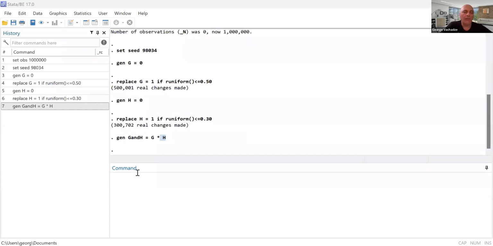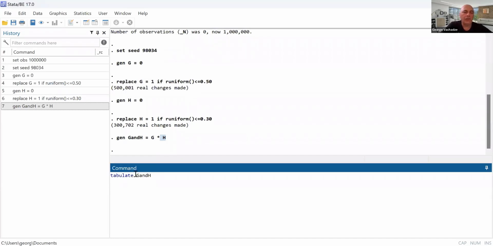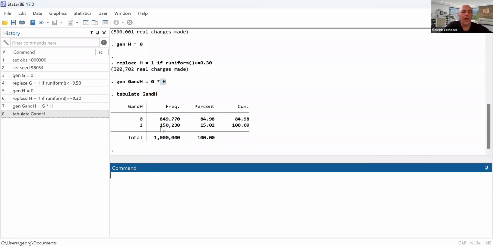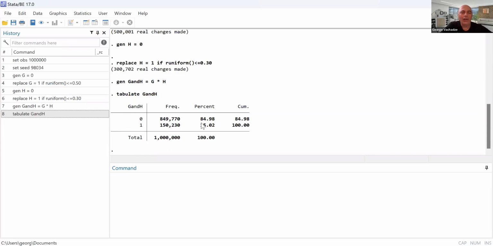So I will tabulate g and h, and now I'm seeing here that g and h is 1 50% of the time. So the probability that g and h occur at the same time is 50%, which means that the student takes both math and science class simultaneously. Okay, so that concludes part A.